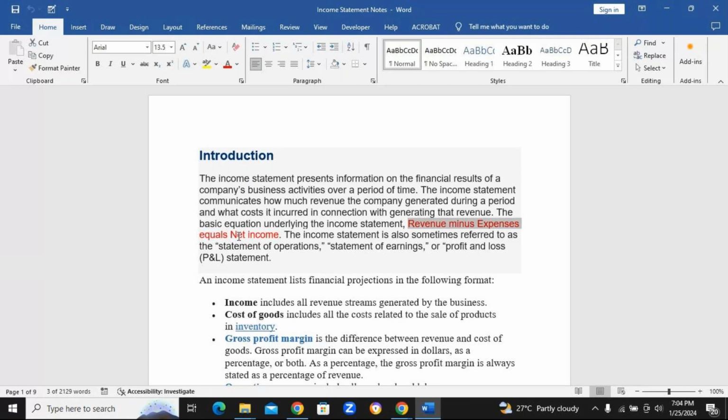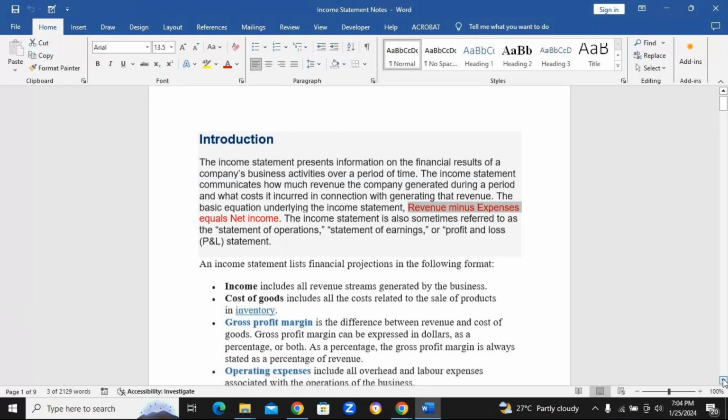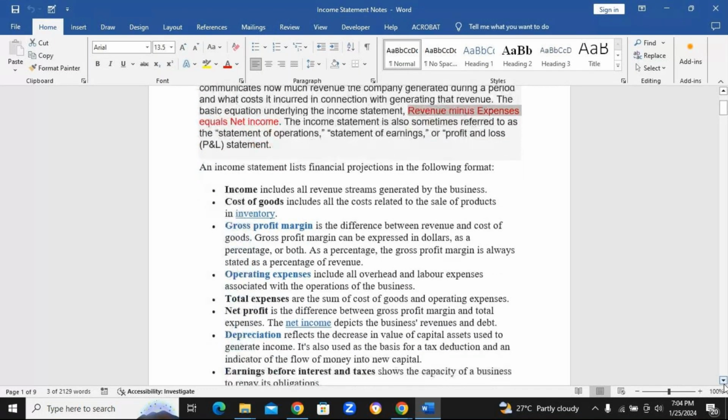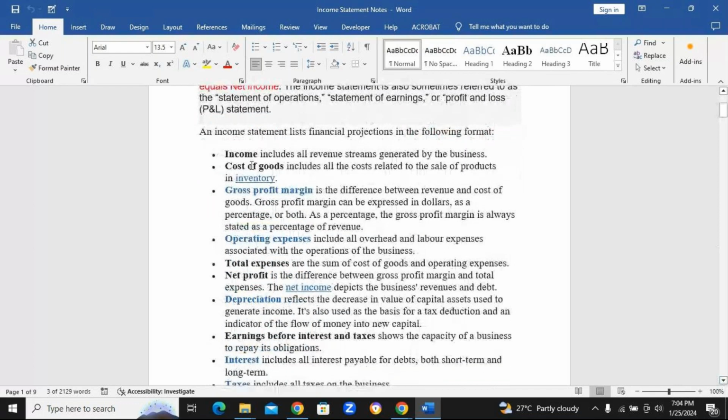So when you look at the income statement format, the first thing is income. Income is nothing but the revenue happening in the business, which arises when I am selling the goods or the services.